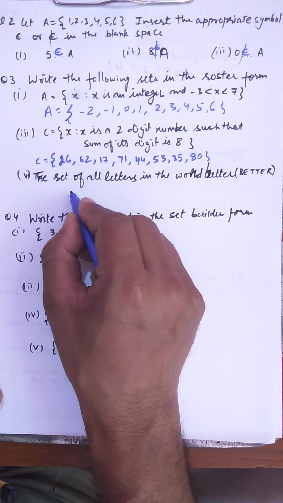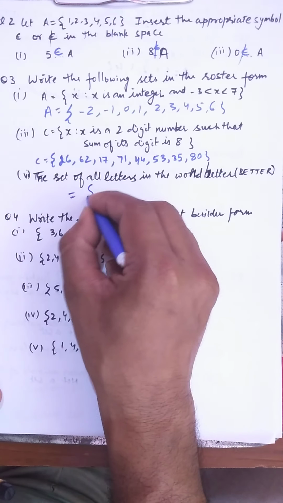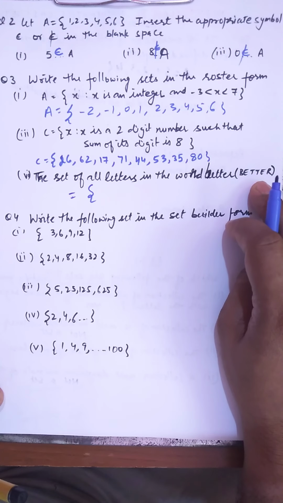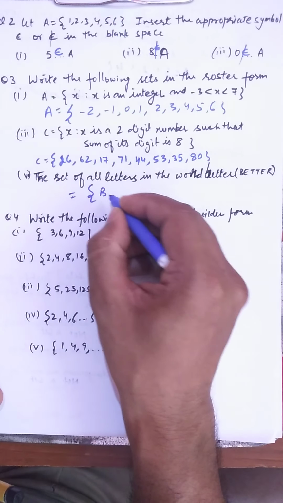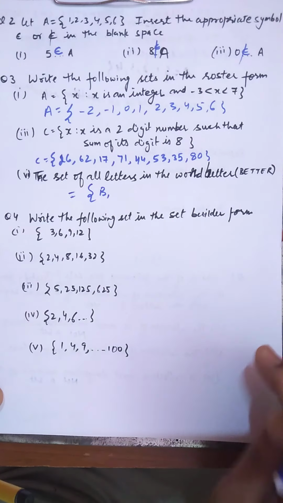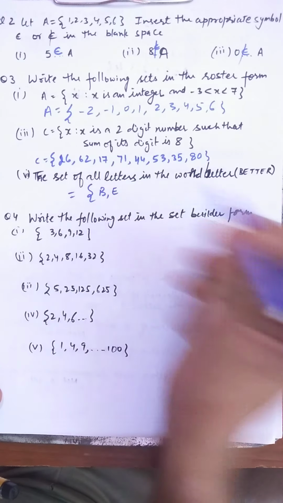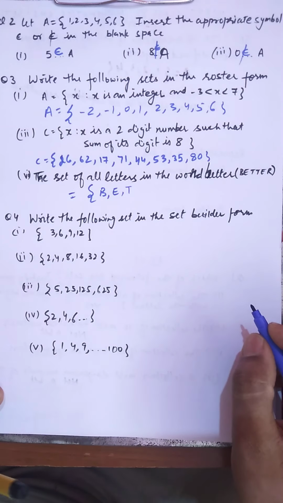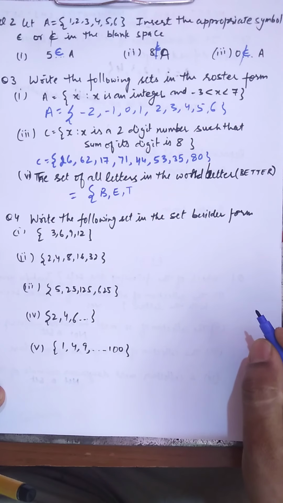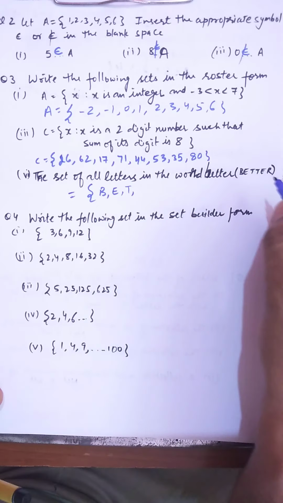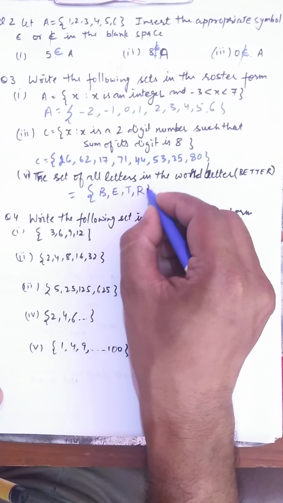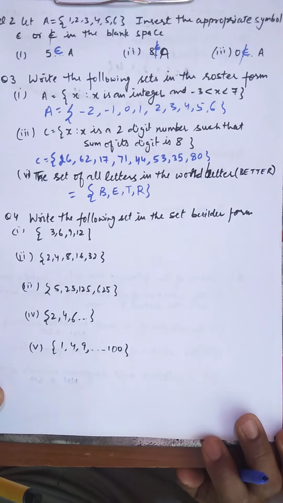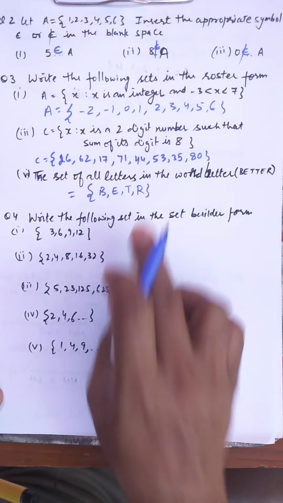So that set in roster form will be: if I take better, then b is here. Now b is written once. Now we can write e. Now t is coming twice, but we are not going to write it again, because we discussed in the beginning that we do not repeat a letter. Next, e is again coming, so r. So this is the roster form.